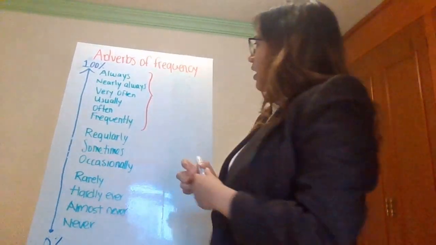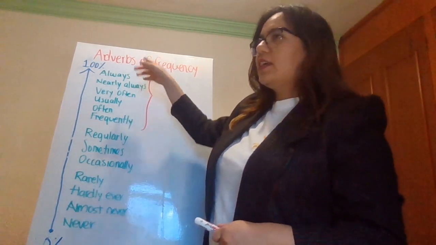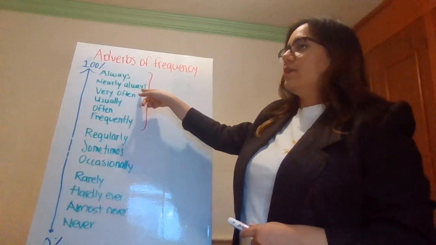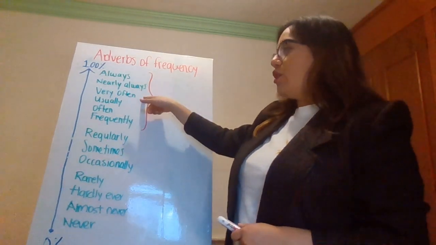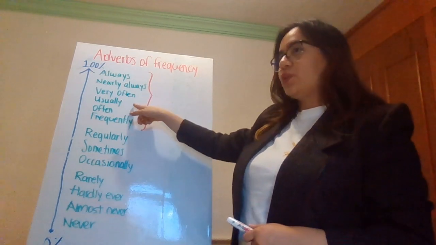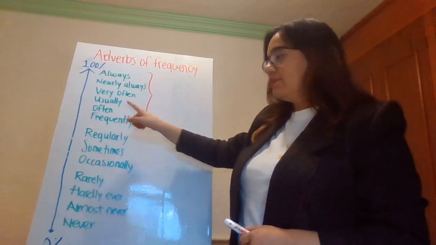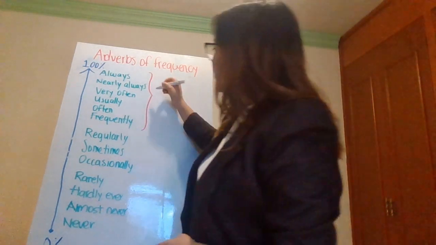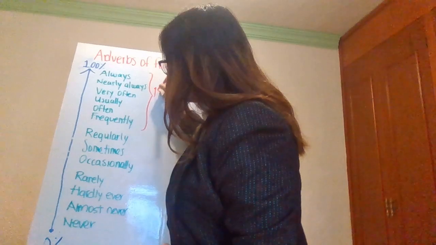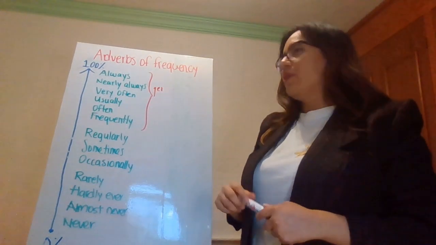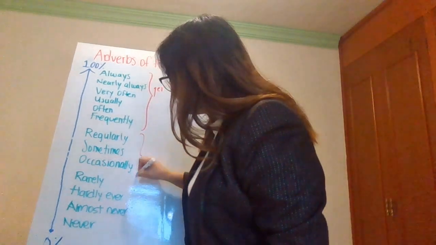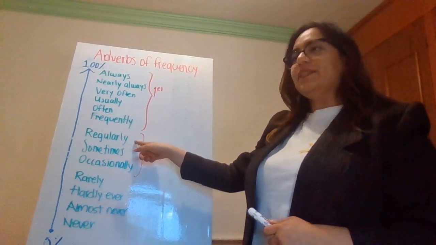So the first one would be with the adverbs always. Repeat after me, always. Okay, nearly always, very often, usually, often, and frequently. Okay, we use this to describe things that we do, as we said, all the time. Okay, in the second one, we have regularly.